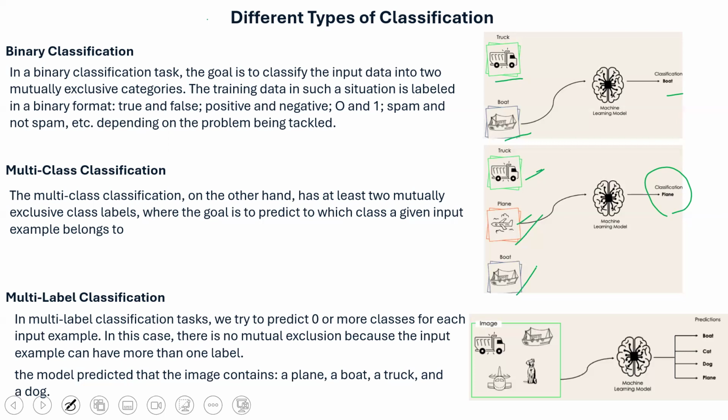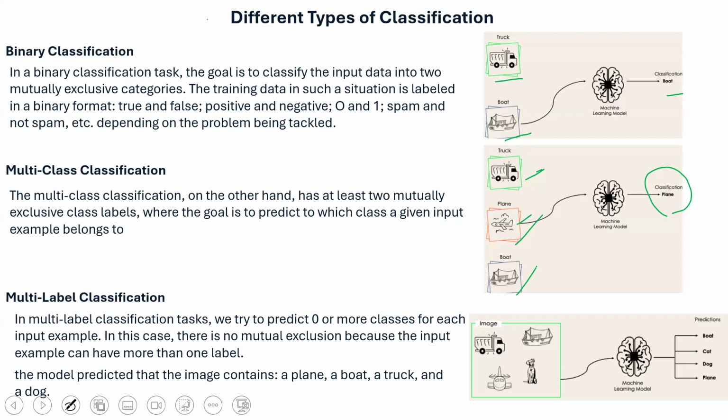It can give output as truck, plane, boat, ship, whatever it is. It's just the number of classes that it can handle, the number of classifications that it can do.